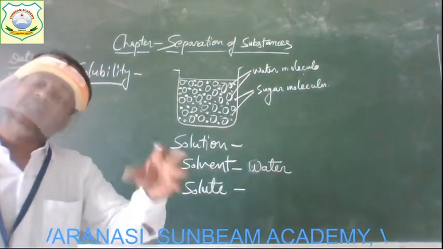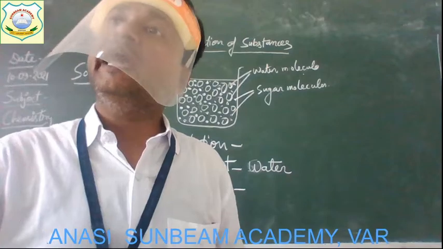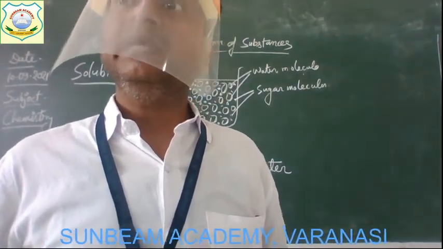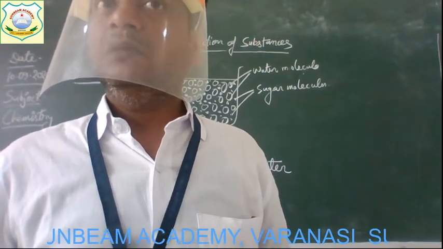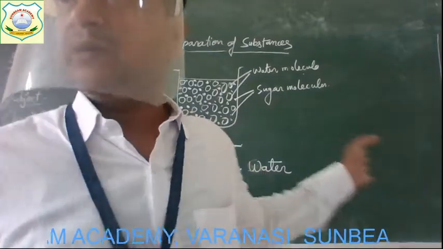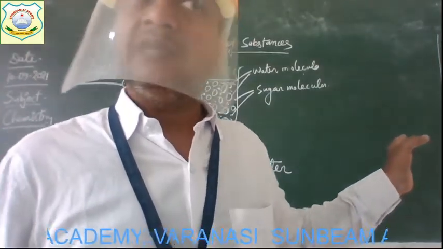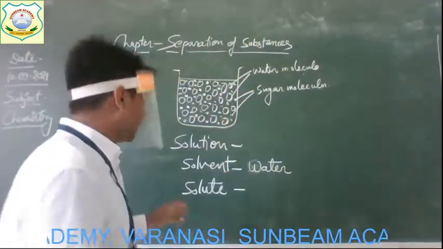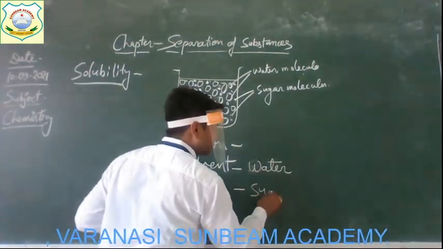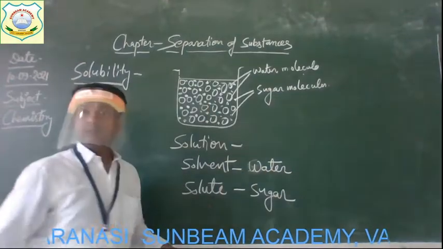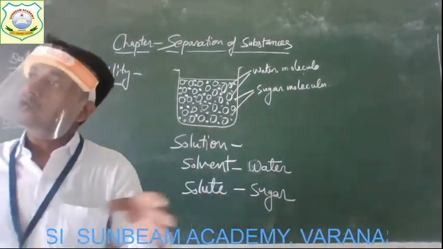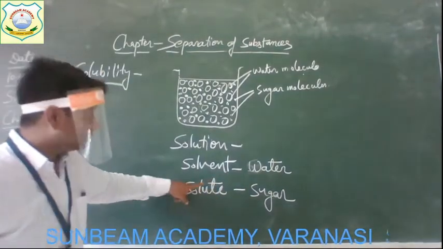So solute is any substance that can be dissolved in solvent, and solvent, you know very well, is a liquid. So that substance is known as solute, and in this example sugar is solute. Sugar is solute, water is solvent.